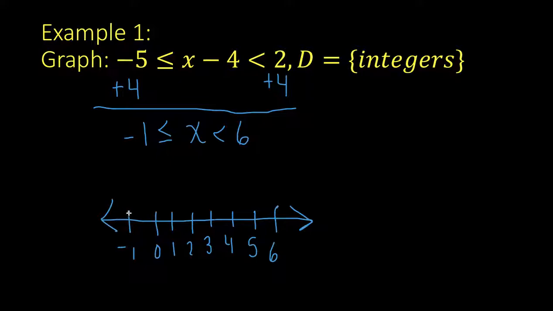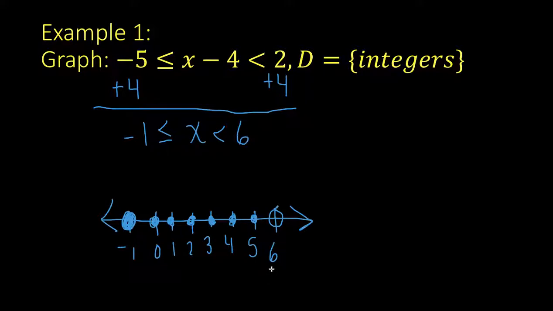So for this one, I'm going to go ahead and shade in negative 1 because it's a part of the solution, but 6 is going to have either an open circle or nothing. The reason it would have nothing is because my domain is integers. So all of these integers are going to get shaded in, but nothing in between. So 6 can be open, or you can just ignore it and not shade anything there. Whatever works best for you.